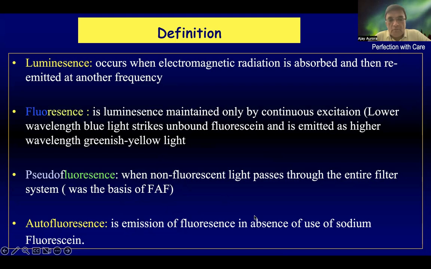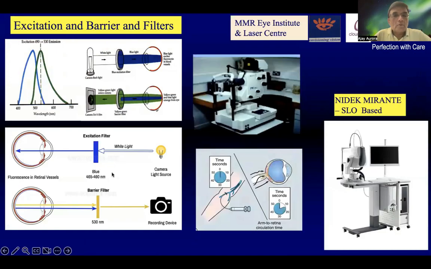Autofluorescence is emission of fluorescein in the absence of use of sodium fluorescein. Here you can see the blue light stimulates the sodium fluorescein in the retinal circulation, and that causes emission of a greenish hue light, which passes through the barrier filter and is taken up by either a film, which was done in the past, or by a digital camera.